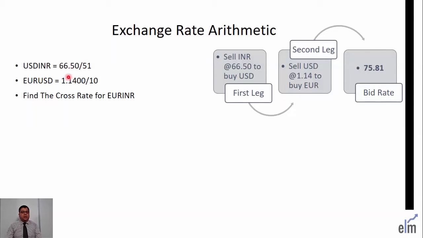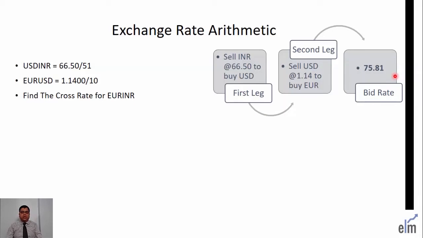So here by multiplying 66.50 and 1.14, we get the rate of 75.81. So that comes to be the bid rate for Euro INR that the market maker will quote. We got this rate by multiplying 66.50 with 1.14, and the rate comes to 75.81.